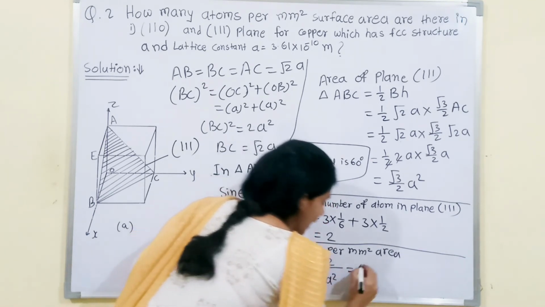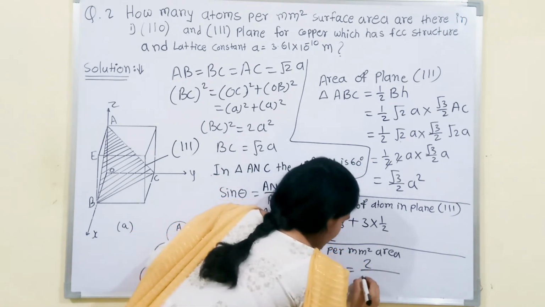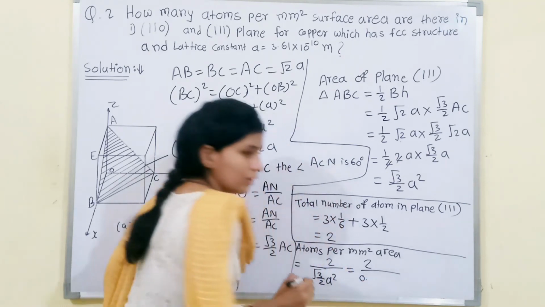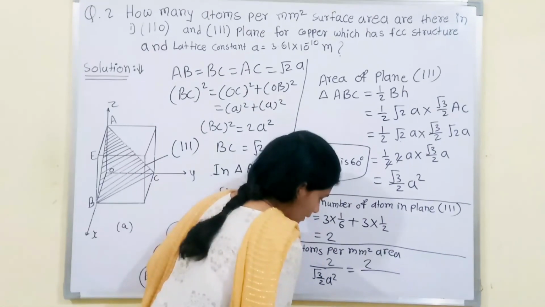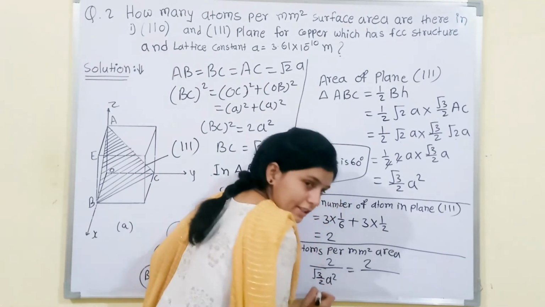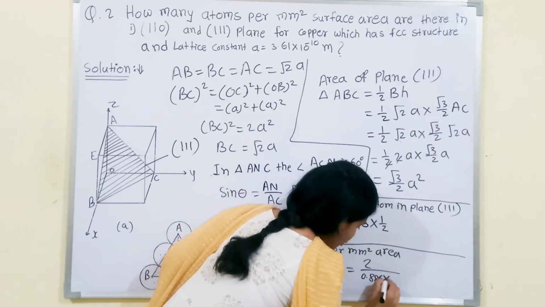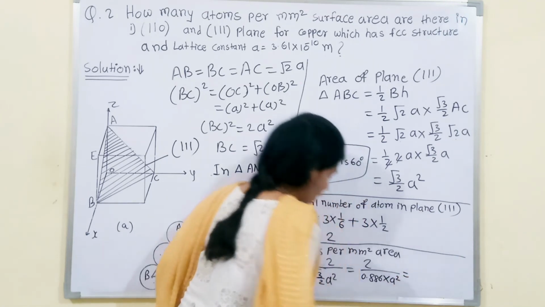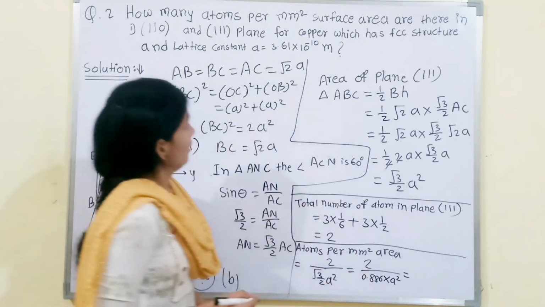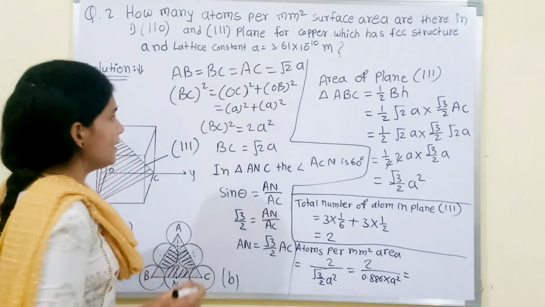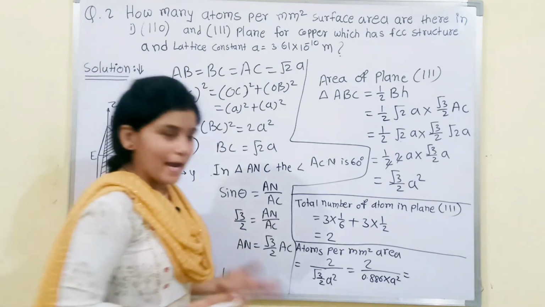If we calculate this value root 3 by 2, we will get 0.886 into A square. What is A? A is given, which is 3.61 into 10 to the power minus 10.